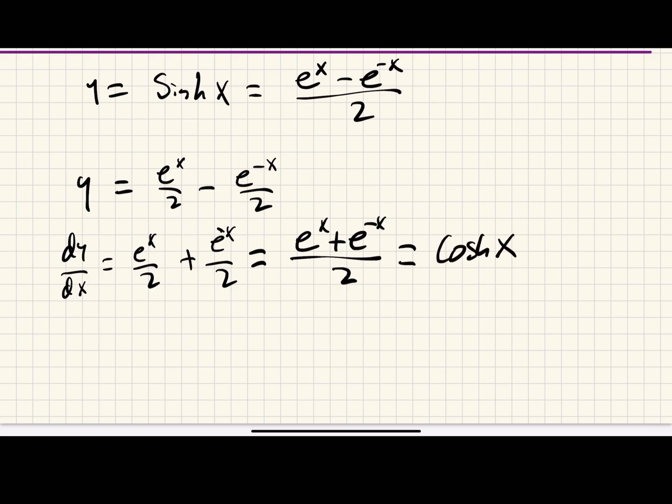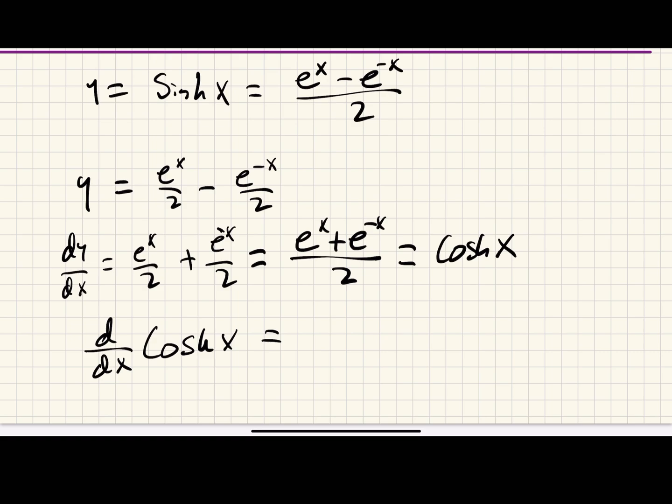So you see then that there's one of the reasons why these things have their trig function names, because they're going to behave very similarly to that. Now, so let me ask you this. What do you think the derivative of the hyperbolic cosine is?